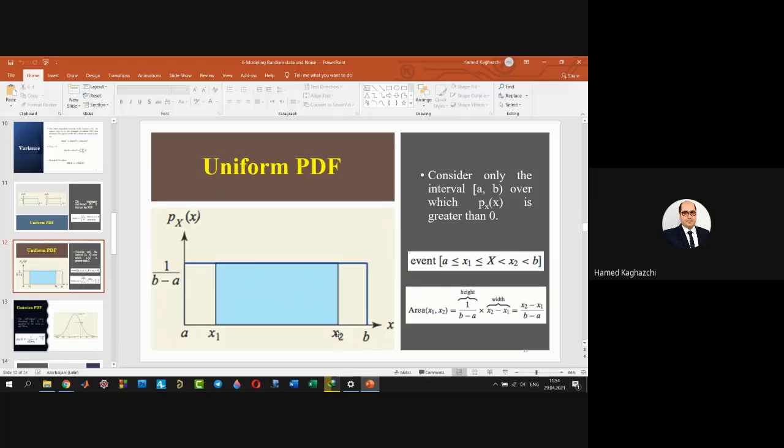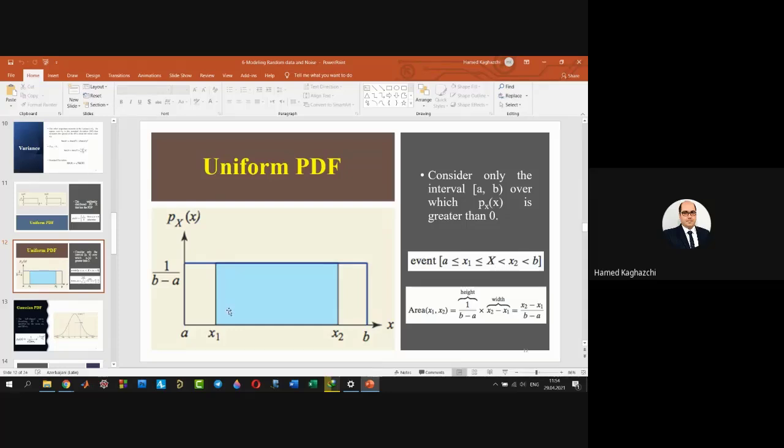We learned that the area under this curve gives me the probability of that event. So if I can calculate the area of this rectangle, I can find the probability of this event.